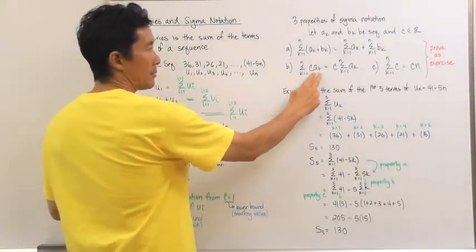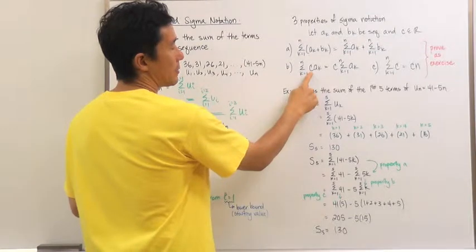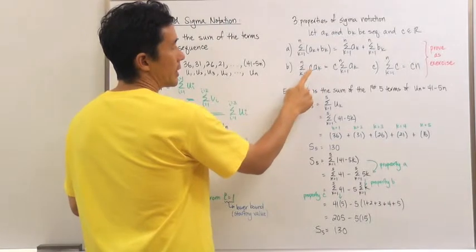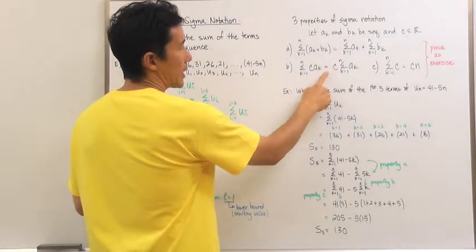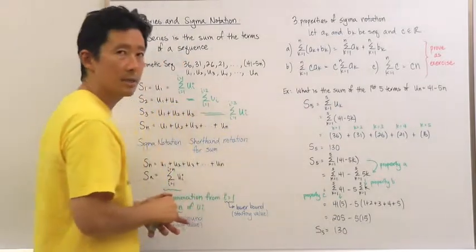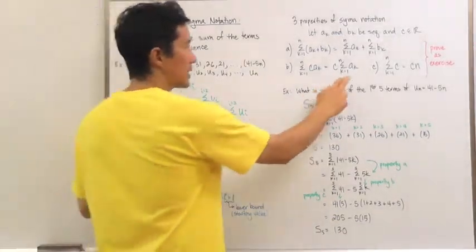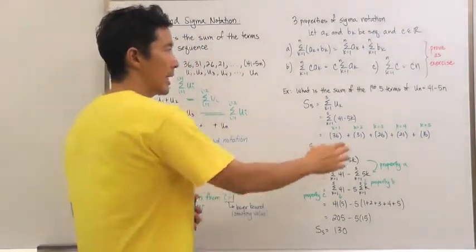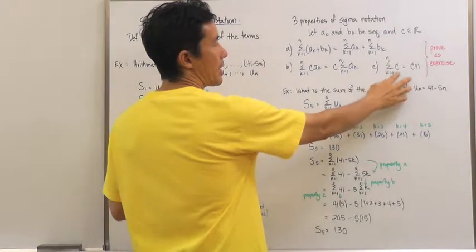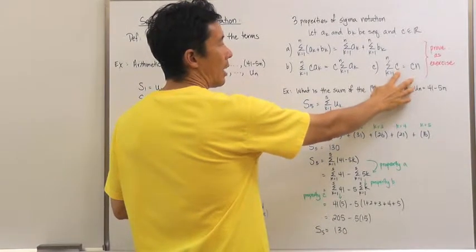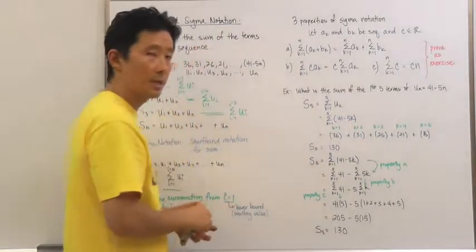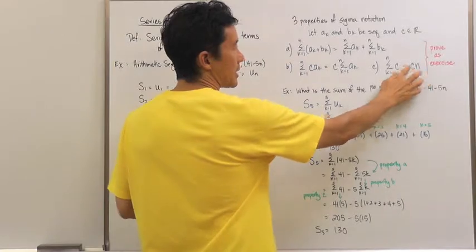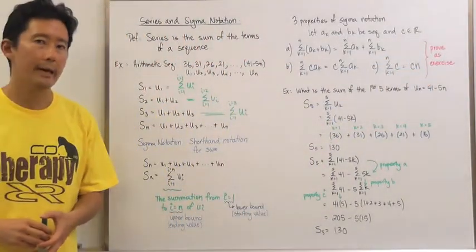This one basically states that if I take a constant number and multiply it to a generated sequence, then when I add all of those terms up, I can factor out that constant value and evaluate just the summation of the sequence. The last one says that if I add up all the terms of a constant value c, then the sum of all of those constant values is just c times n.